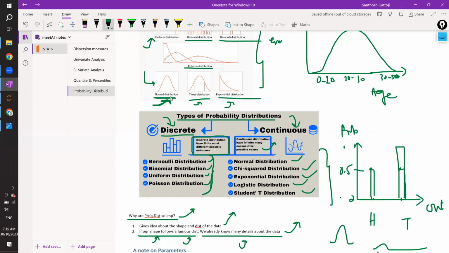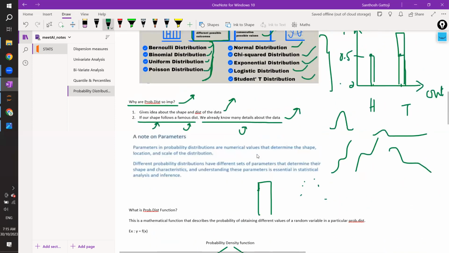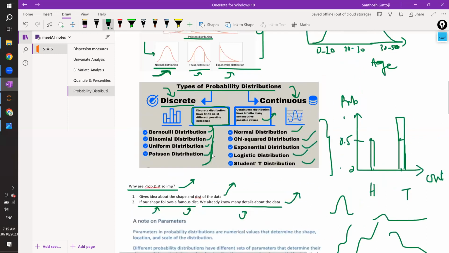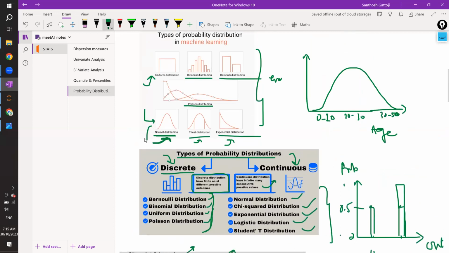Now when you are focusing on new data, and after plotting you feel this is similar to a normal distribution, then obviously you can use all the properties of normal distribution. Agree? You don't need to invent it from scratch.